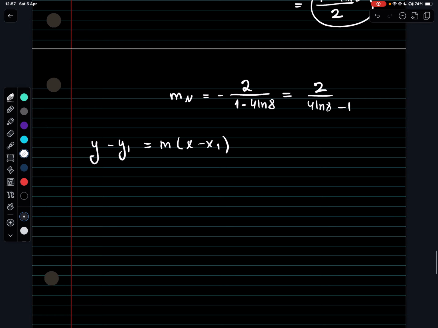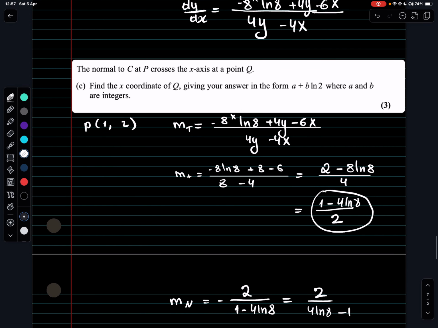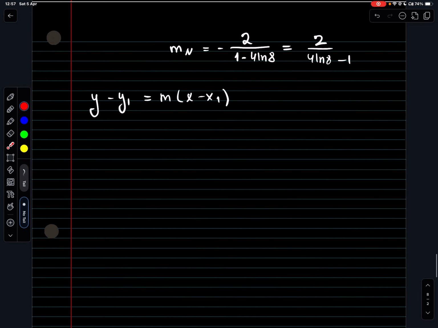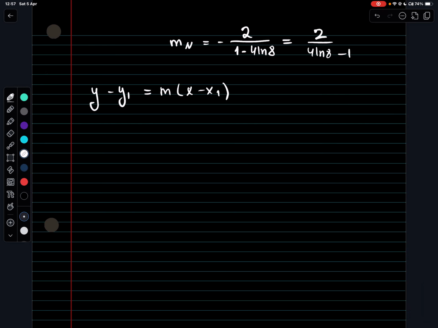Luckily we know them, because they say the normal at the point P, and we need to find the x coordinate of Q, where it intersects the x-axis. So y minus 2 equals 2 divided by 4 ln 8 minus 1, multiplied by x minus 1.